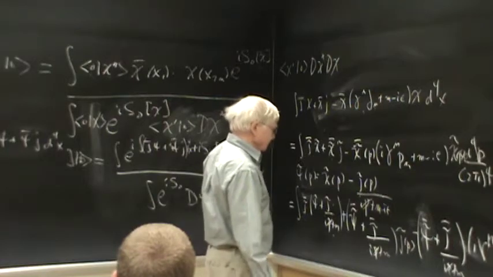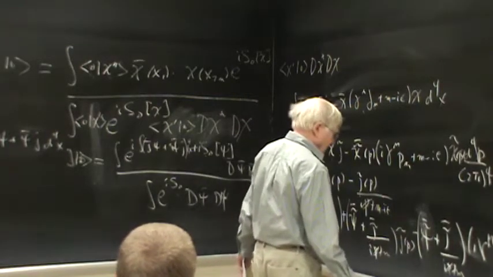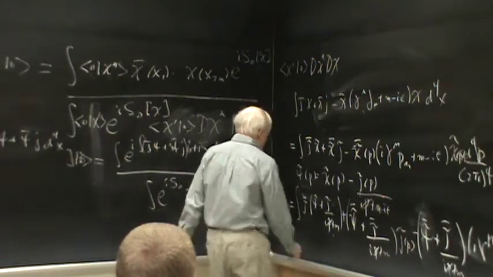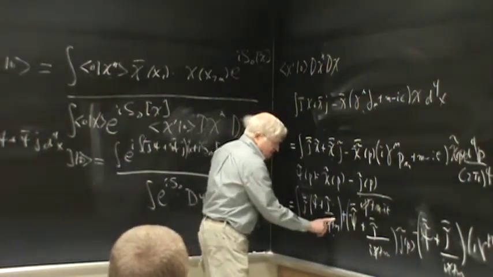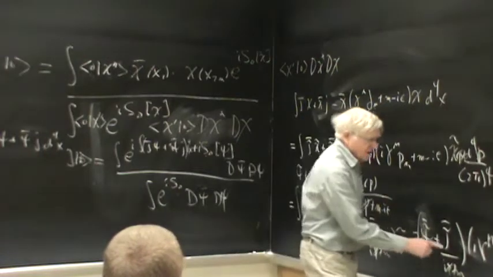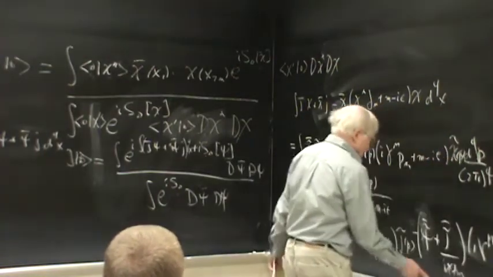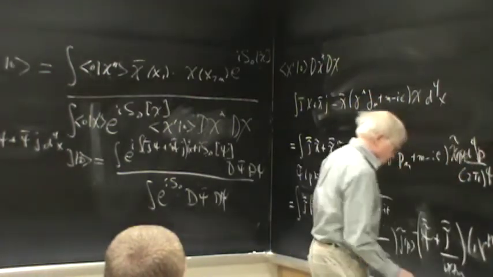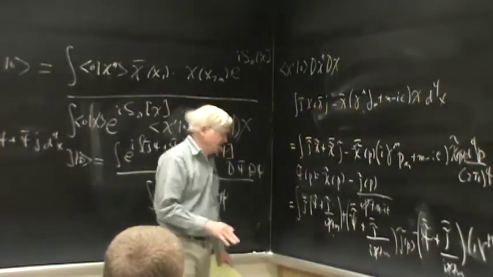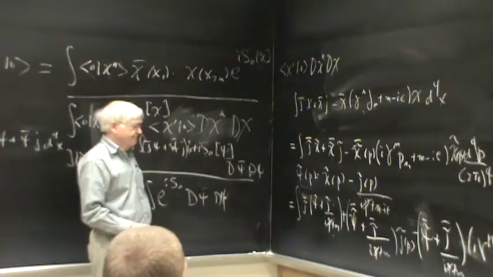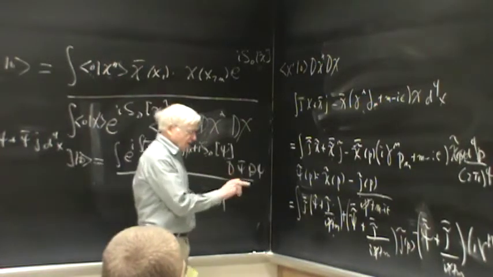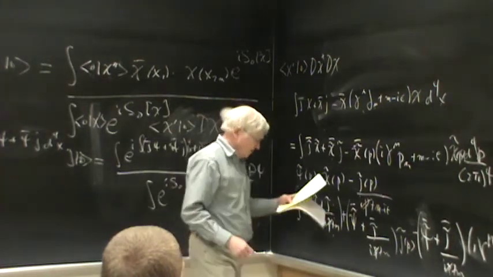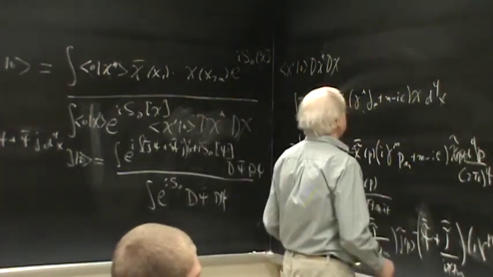In any event, the linear terms cancel, and what we've got is this once, twice, and then it cancels once, because the i p-slash and the i p-slash and the i p-slash all together give 1 over i p-slash. And so we've got 1, 1, minus 1, and so there's a 1 that's left over.